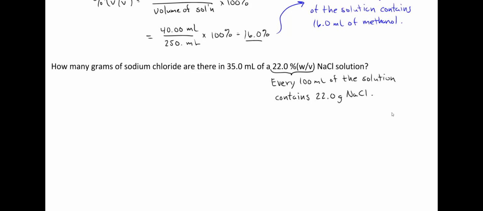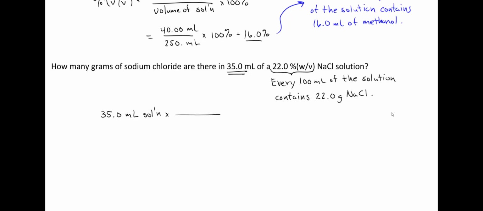So now we can use the weight percent as a conversion factor to go from the volume of the solution to the grams of the solute. So we write down our volume, which was given, 35.0 milliliters of the solution, and we want to cancel out the volume of the solution.